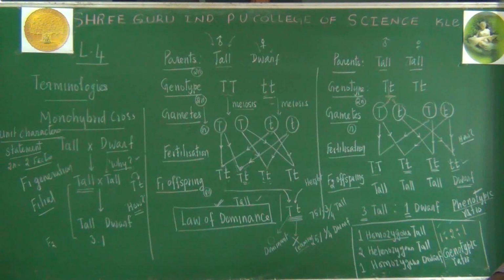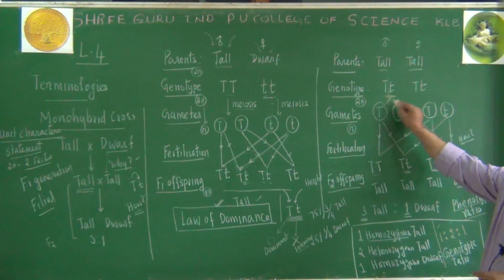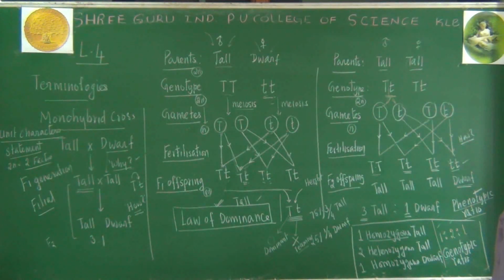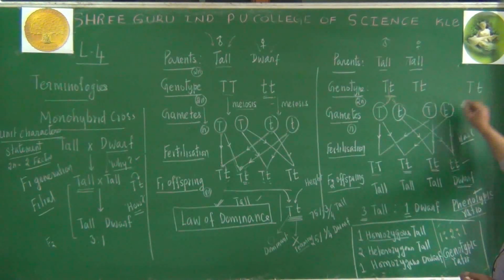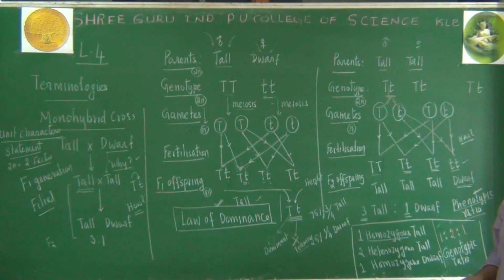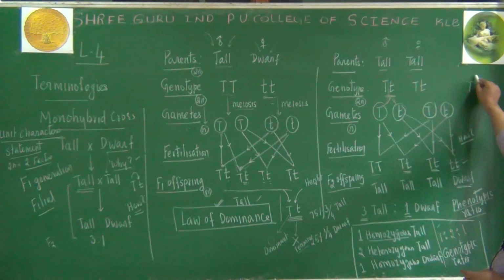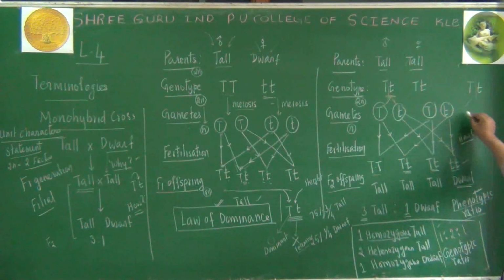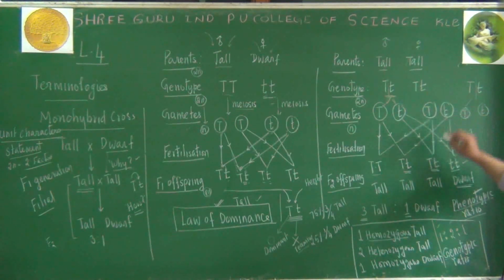It was made possible because there is a chance of separation between capital T and the small t. The two different alleles of the same character, remember that point, will separate during gametogenesis and enter into separate gametes.